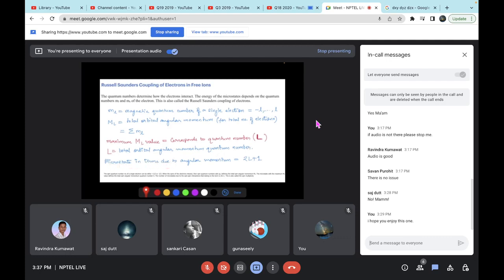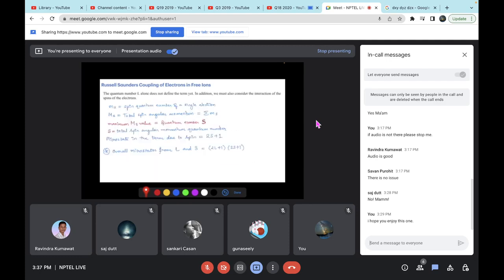The number of microstates in a term due to the angular momentum we can write as 2L plus 1. The quantum number capital L alone does not define the term, so in addition we must also consider the interaction of the spin of the electrons. For that, ms is the spin quantum number of a single electron, and capital MS is the total spin angular momentum, calculated as the summation of the spin quantum numbers of each electron.